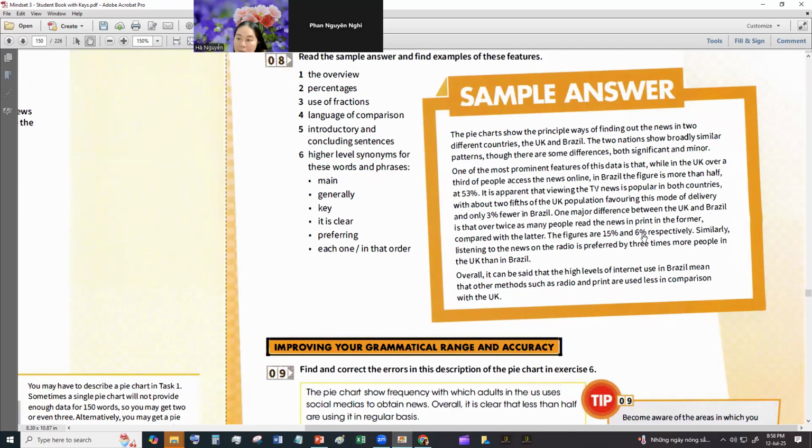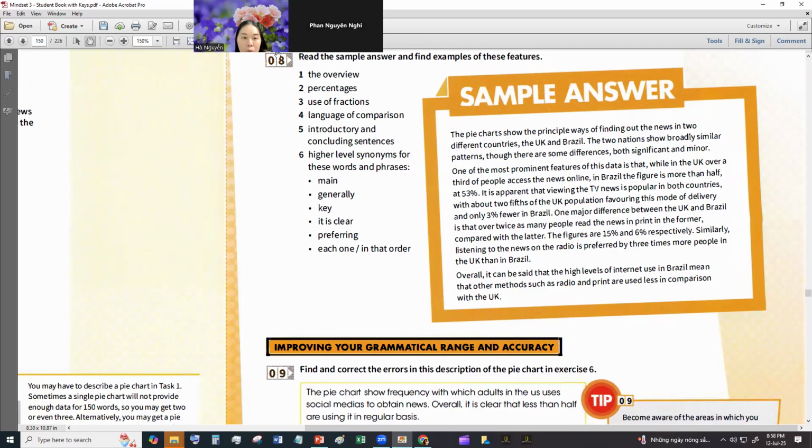Feel free to ask me if you have more questions. And if you still need more examples for the use of respectively, remember that you can always use ChatGPT and ask it to give more examples of respectively used in a task 1 report, okay?